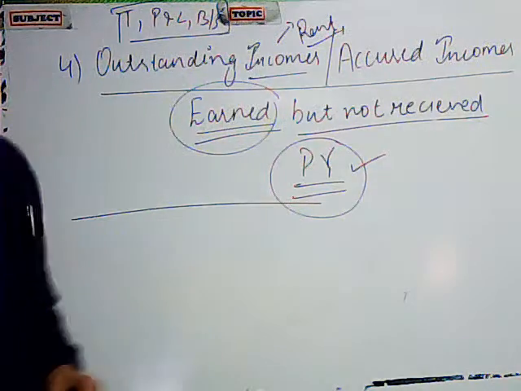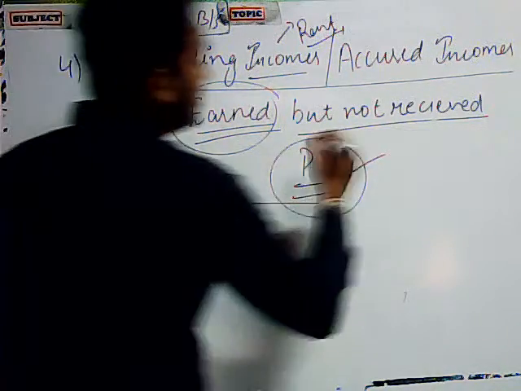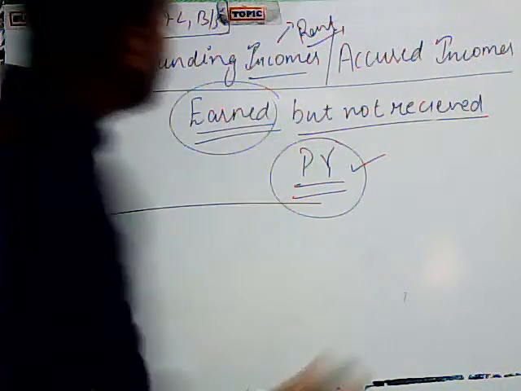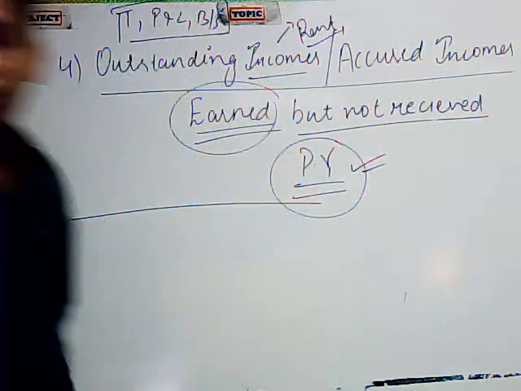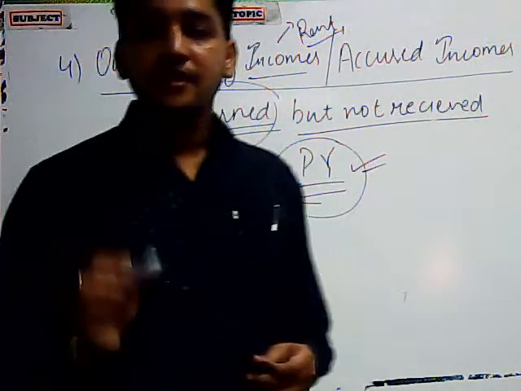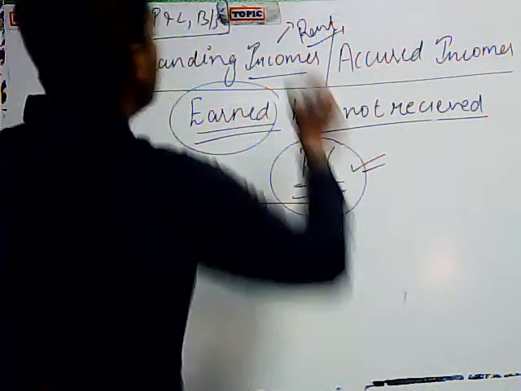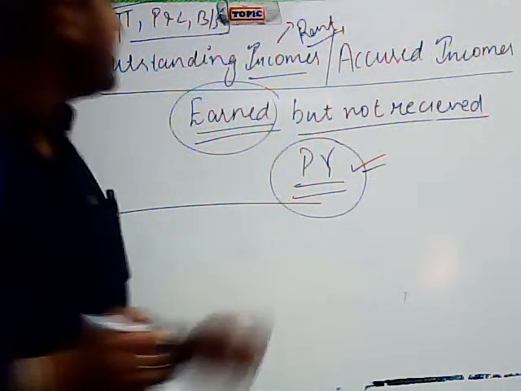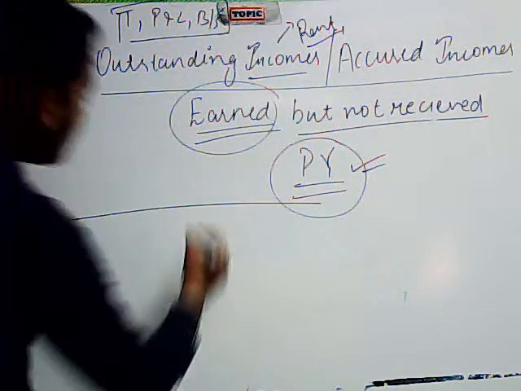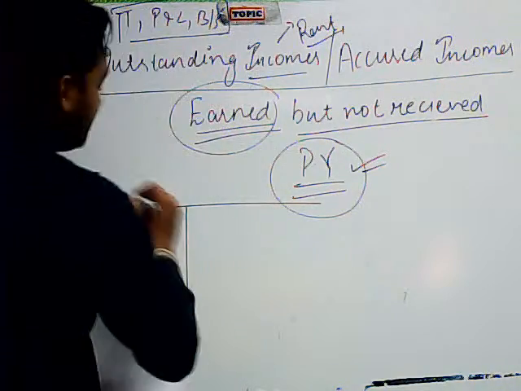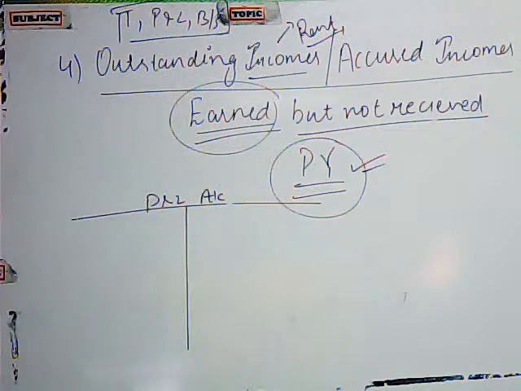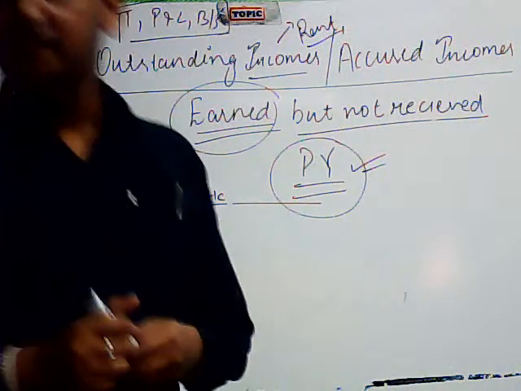Let us take an example related with salary, like outstanding salary of a particular amount. As we know that salary is only a part of the profit and loss account. Yes or no? Because it's our indirect expense. So how we have to record it? That is your profit and loss account. Clear? Profit and loss account, where we have to record our incomes. Yes?